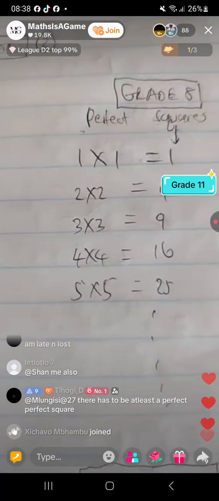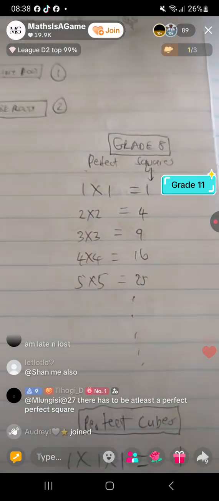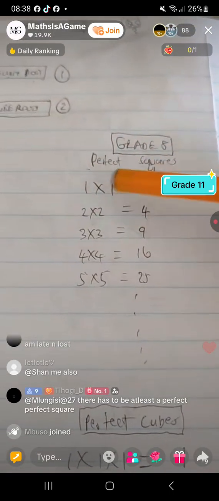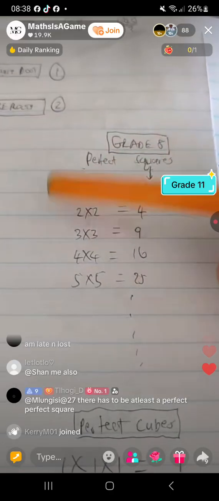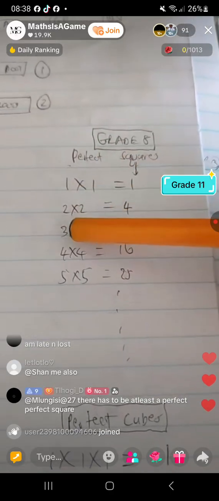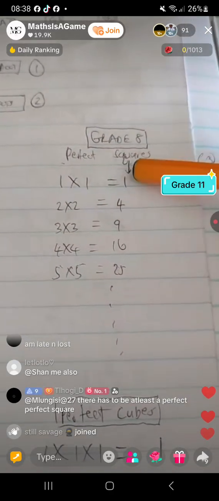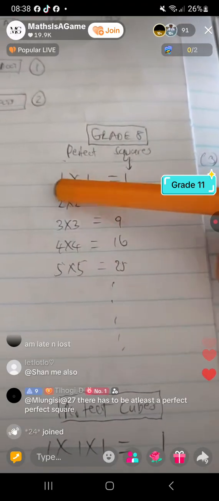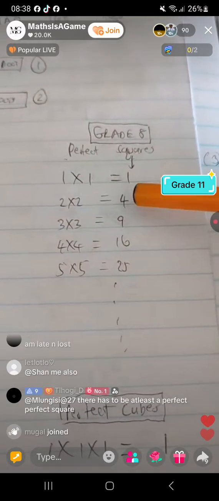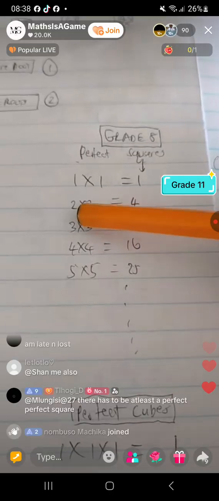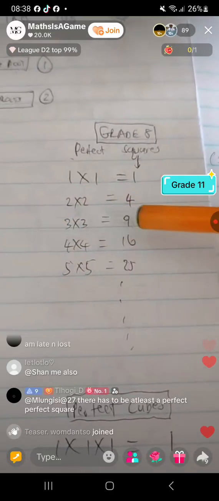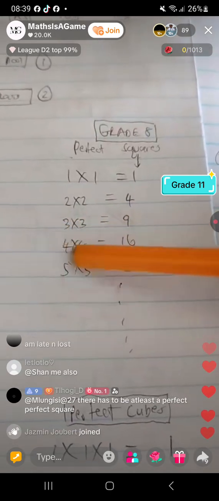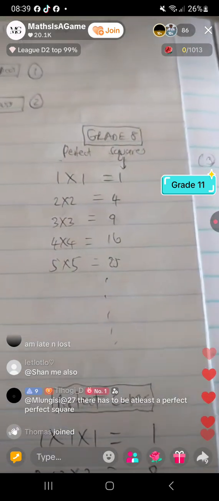What is a perfect square number? We explained, for those that are joining only now, that a perfect square number is a number formed by multiplying another number by itself. So we say 1 is a perfect square. 4 is a perfect square because it's formed by multiplying 2 by itself. 9 is a perfect square number because it's formed by multiplying 3 by itself. 16 is a perfect square number because it's formed by multiplying 4 by itself, and so it goes.